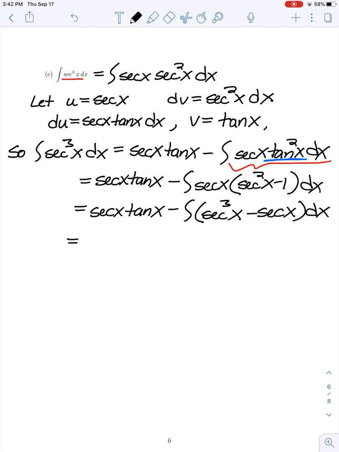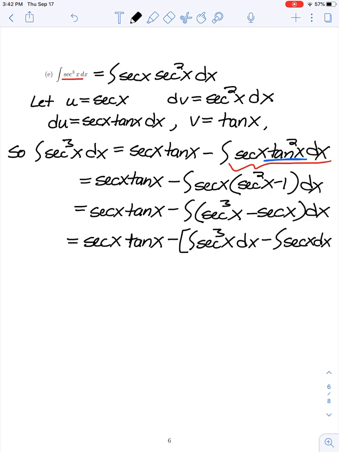Or if I split this, I have secant x times tangent x minus, when I split this integral, the integral of secant cubed x dx minus the integral of secant x dx.